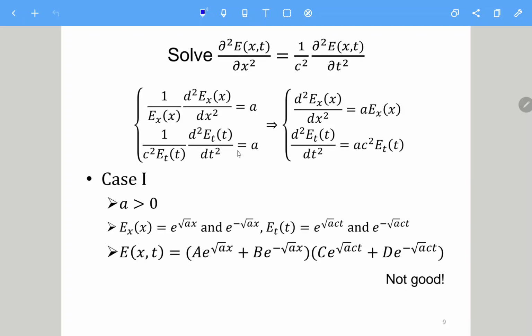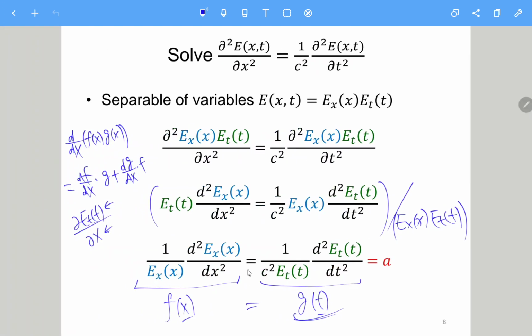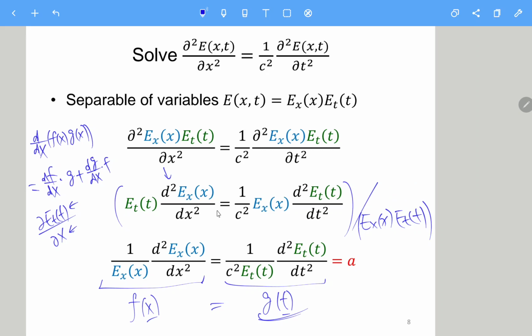So next we get two independent differential equations. Actually, from here to here, I use the partial derivative sign, and then here we use the ordinary differential sign, because this is nothing but a single variable function, so we can use the ordinary derivative here.